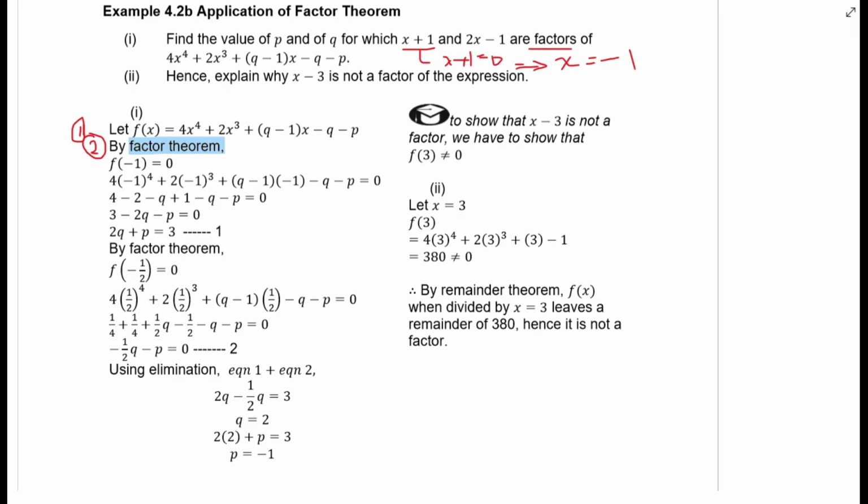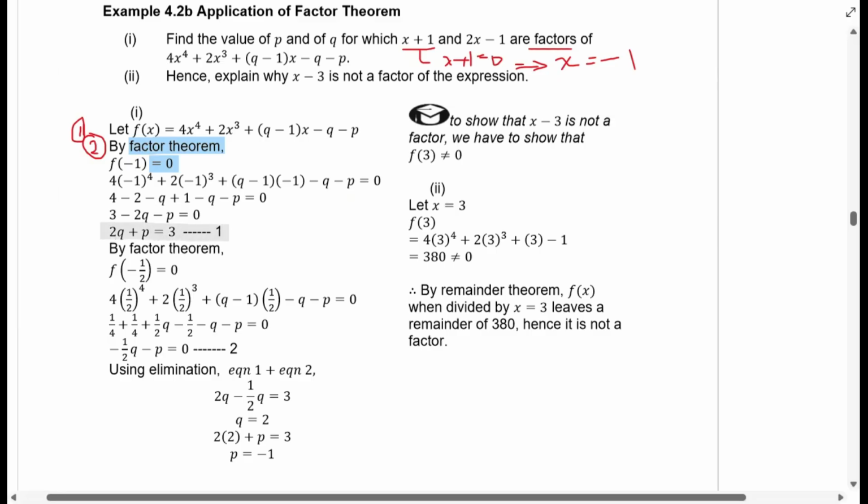And then remember, you will equate it to 0, because when you divide something by its factor, there will be no remainder, so it equals 0. So subsequently, you sub your -1 into your initial polynomial, and then equate it to 0, expand everything, you will end up with your first equation, 2q plus p equals 3.